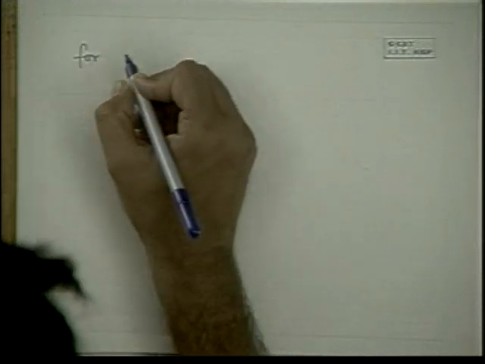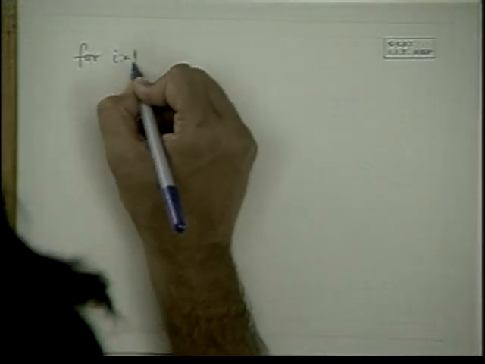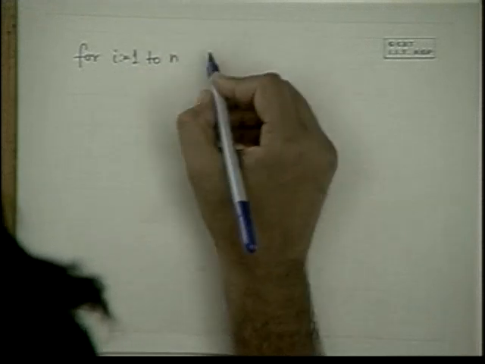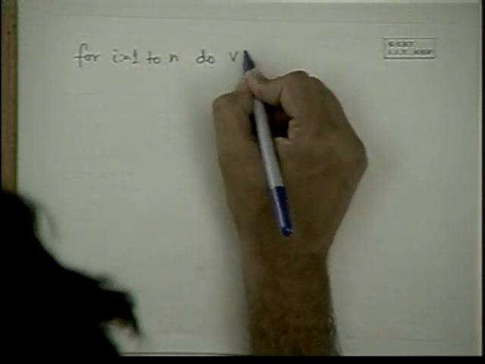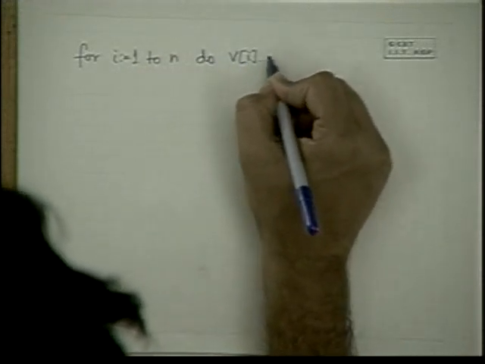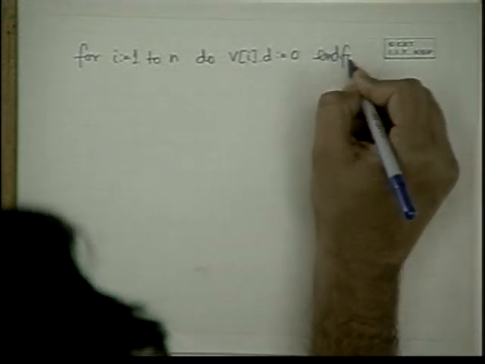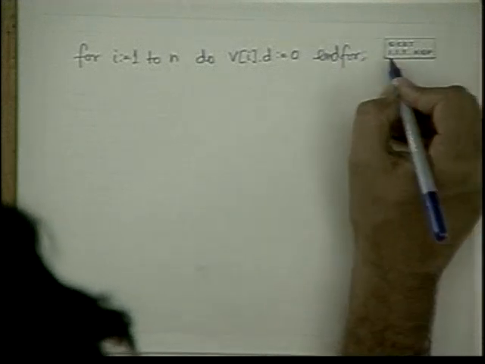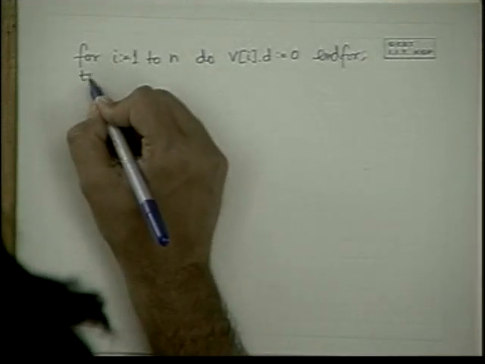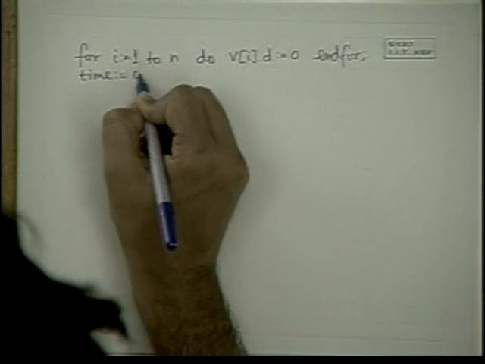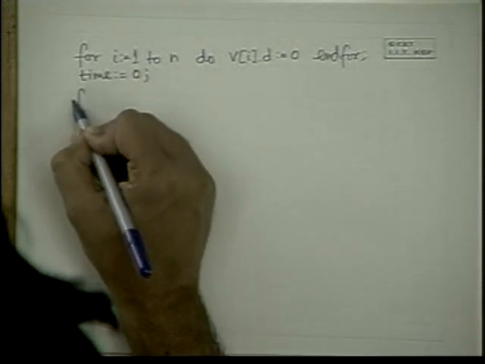So let me write down this algorithm first, then I will explain what the steps are. For i equal to 1 to n, do vi.d equals 0, end for, and time equals 0. I will explain all these terms later.